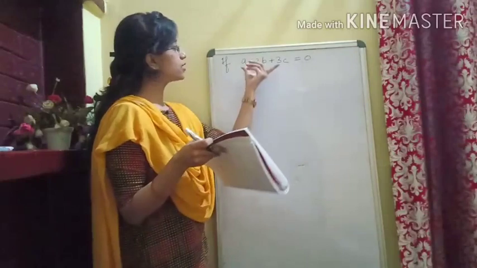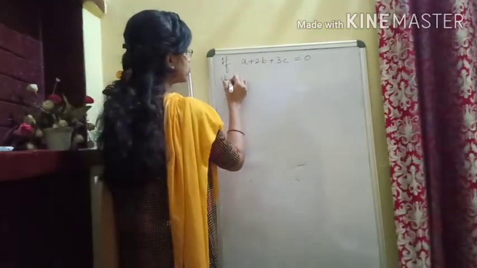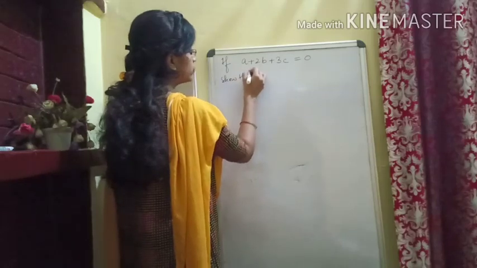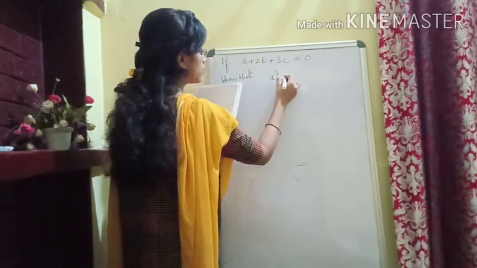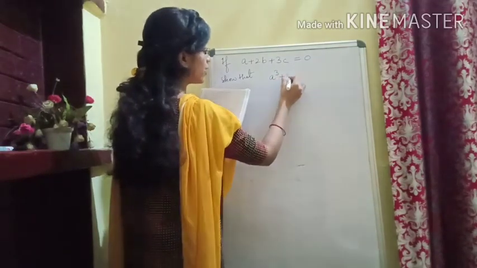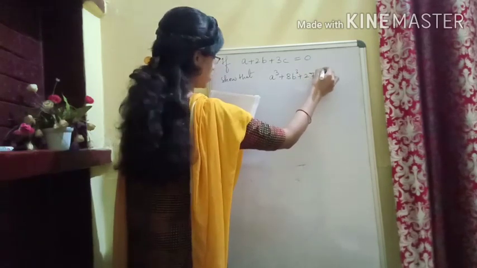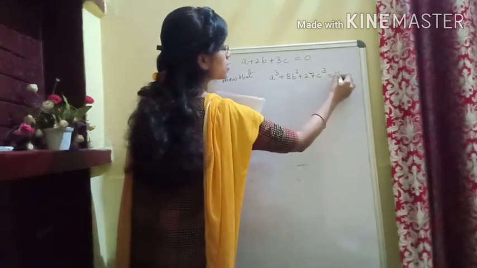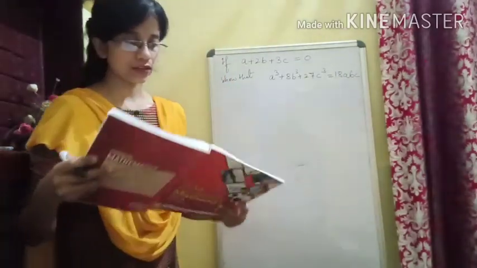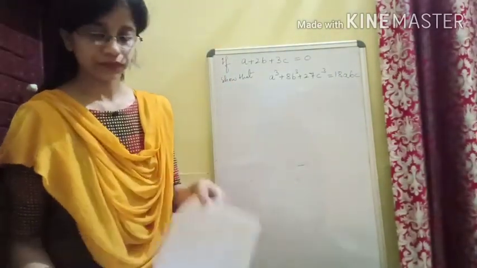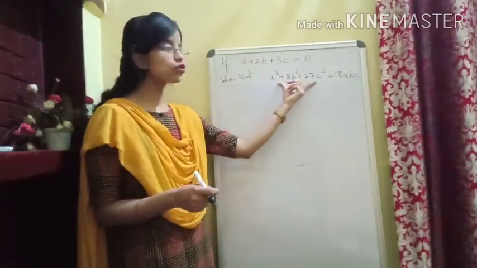This is given and you have to show, means you need to prove, that a cube plus 8b cube plus 27c cube equals 18abc. Is it clear what I have written?